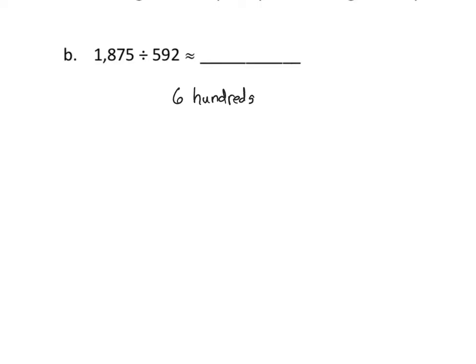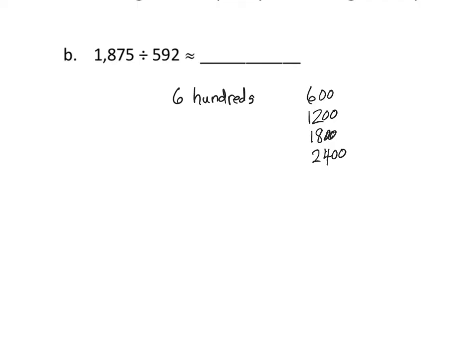So let's find multiples of 6. We have 6, 12, 18, 24. Actually, I think we can stop there. So we're talking 600. So let's add a couple zeros behind each one of our multiples here. We have 600, 1200, 1800, and 2400. Looks like 1800 will work.